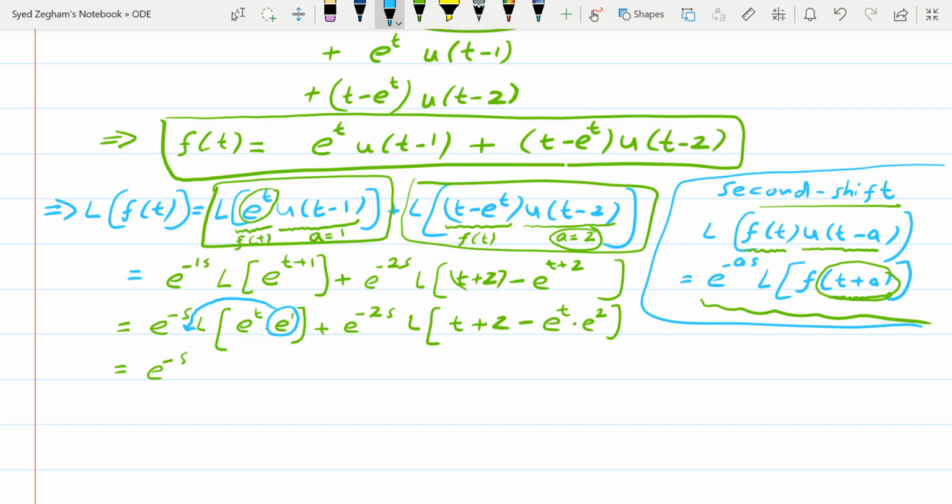So that will be e, e to the power 1, or simply we are writing e, goes outside, so Laplace transform of e to the power t. This is the first term. And second term will be e to the power minus 2s, and then you have Laplace transform of t plus Laplace transform of 2 minus Laplace transform of e to the power t multiplied by e to the power 2.